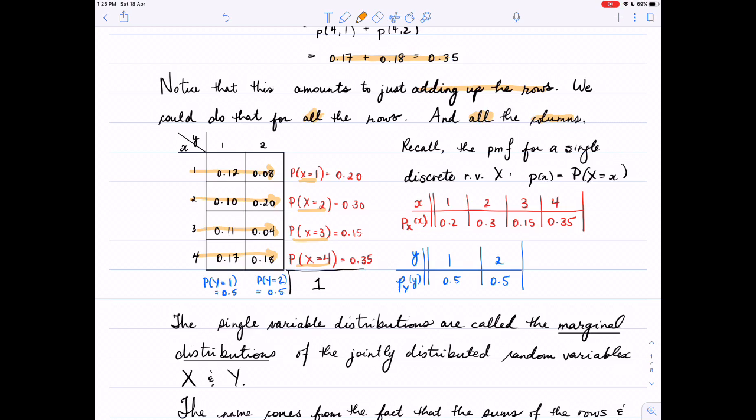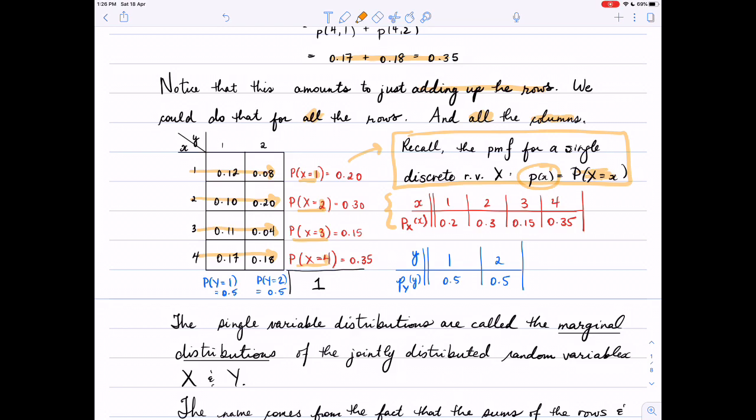Now we have to remember something, right? From a single variable PMF, the probability that X was equal to x, that is exactly what the PMF gave us. And if we have this for X equals 1, 2, 3, and 4, it's like I have the PMF for X. And so I can take that into a separate table, just like you would have had in your single variable probability course.